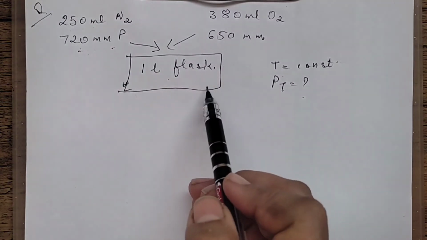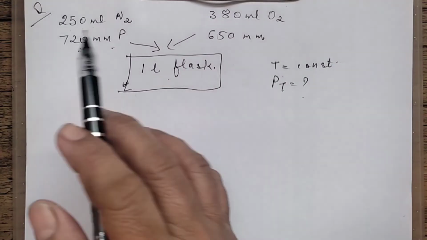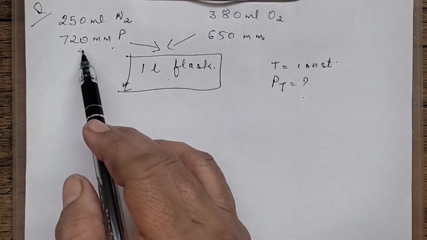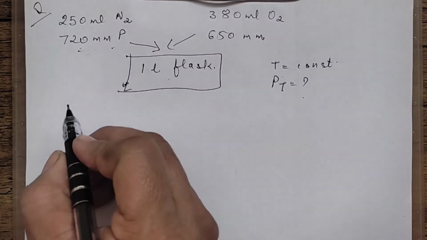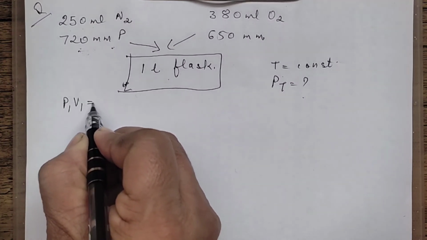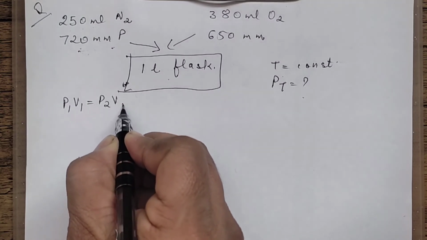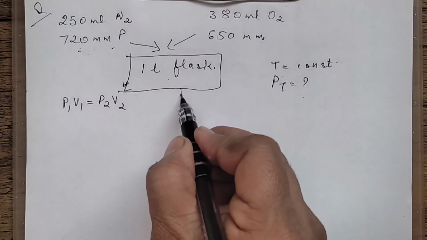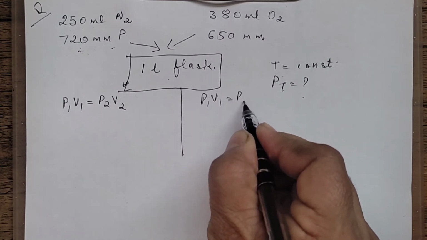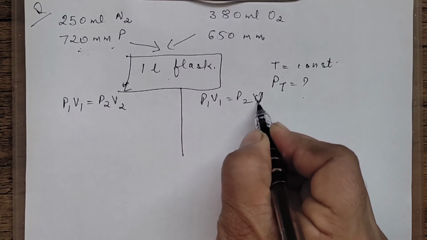When it is 1 liter, definitely the pressure will not be the same. The volume now has become 4 times, so the pressure has to reduce. So individually we will be using Boyle's law: P1 V1 is equal to P2 V2 for the nitrogen part, and on this side I'll be calculating P1 V1 is equal to P2 V2 for oxygen.